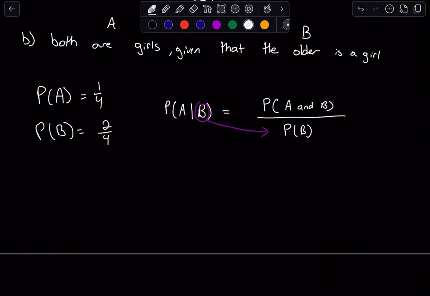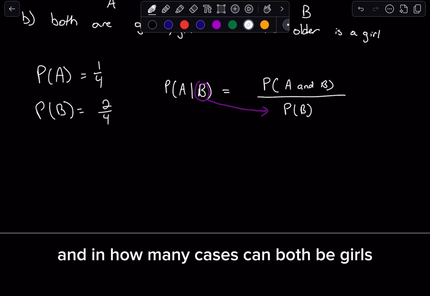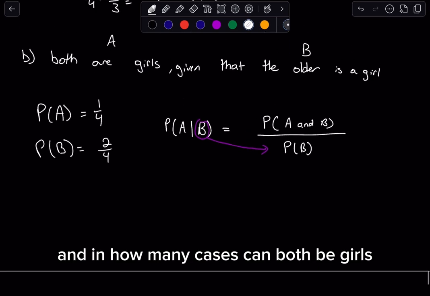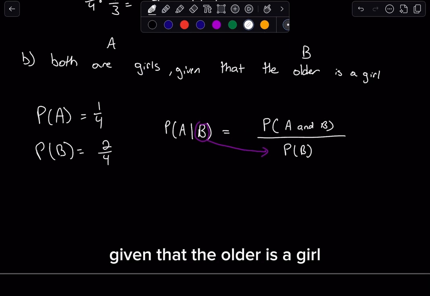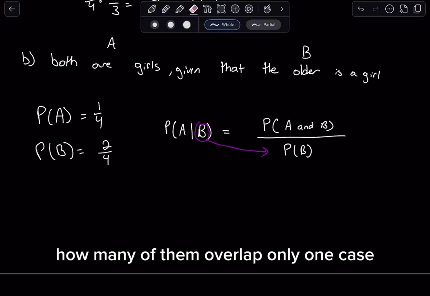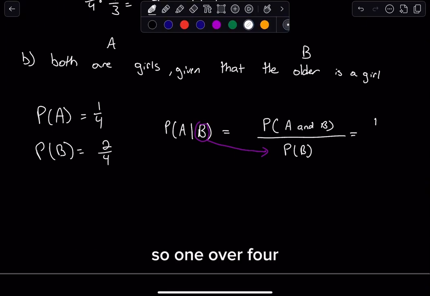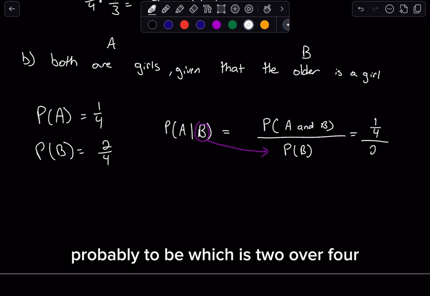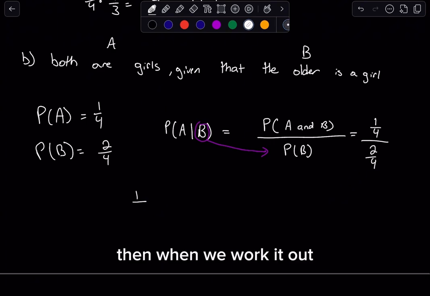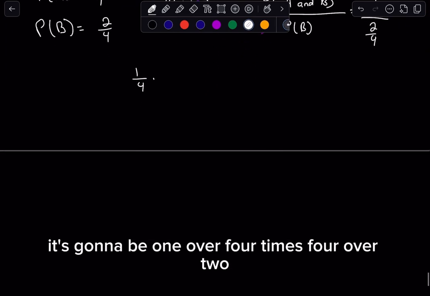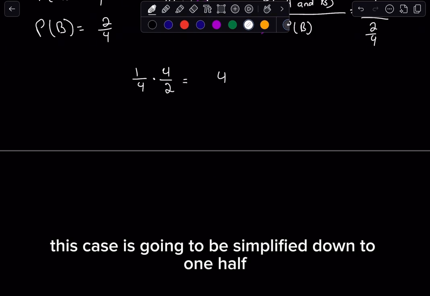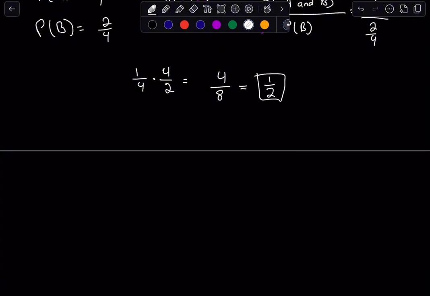And in how many cases can both be girls, given that the older is a girl? How many of them overlap? Only one case. So 1 over 4 over probability of B, which is 2 over 4. Then when we work it out, it's going to be 1 over 4 times 4 over 2. In this case, it's going to be simplified down to 1/2.